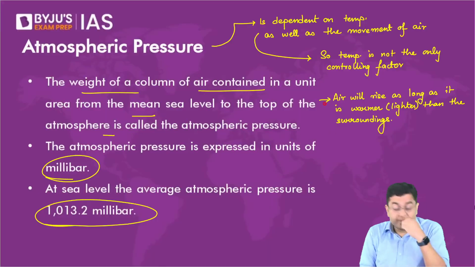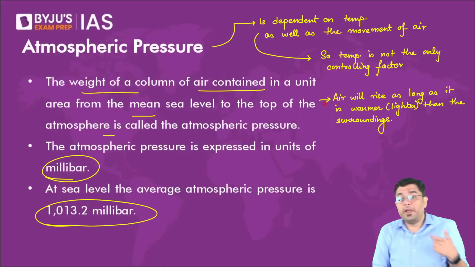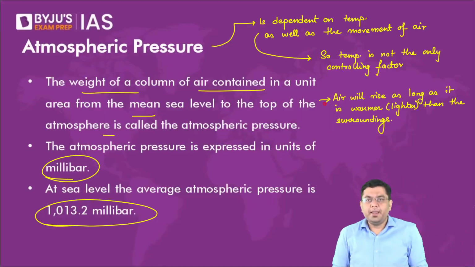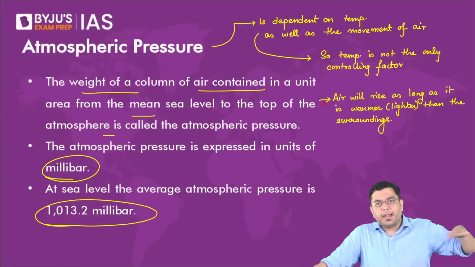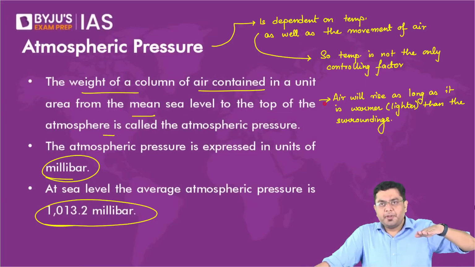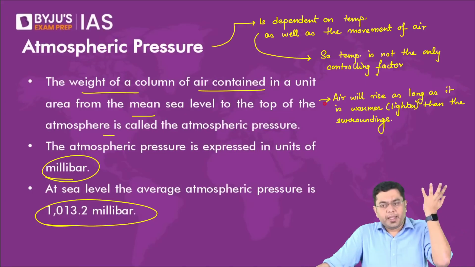Okay. The moment that it becomes colder than the surrounding, it will start sinking. The moment it is at an equal temperature with the surrounding, it will stay at that level itself. As long as it is warmer, it will continue to rise up, isn't it?